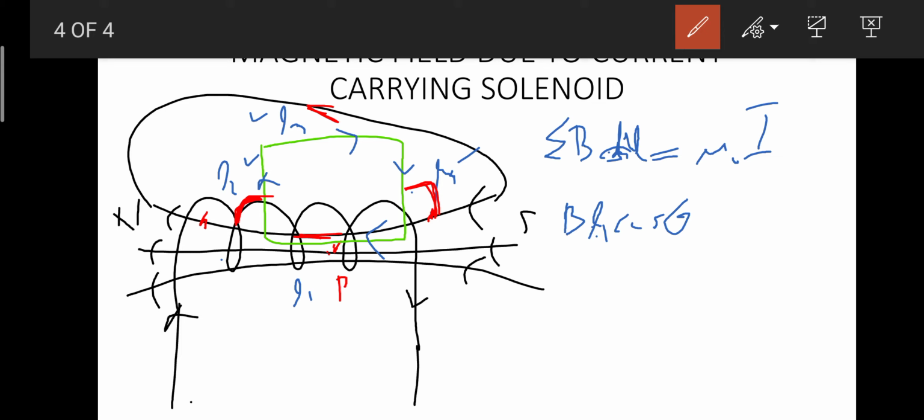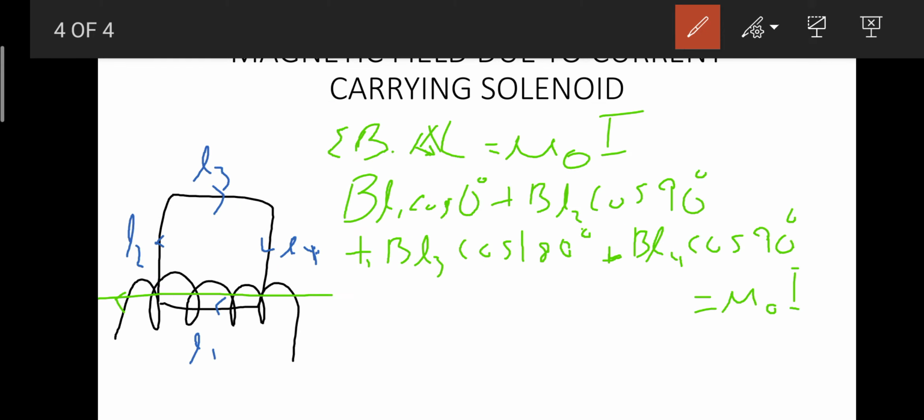I've used the whole of the equation, and this would suggest that for the side L1, the angle between L1 and B is equal to 0 degree.